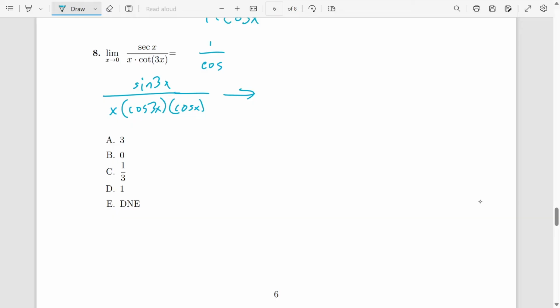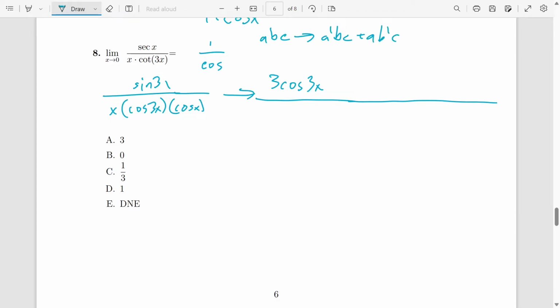Derivative of sine of 3x is cosine of 3x, and then times the derivative of the inside, which is just 3. I can actually just put it there. All over, oh god, this will get long because it's a triple quotient rule. If you remember, a times b times c, derivative of that is a prime b c plus a b prime c plus a b c prime.